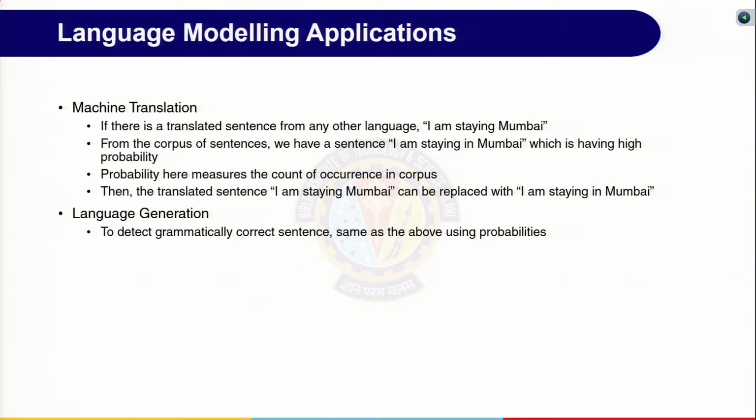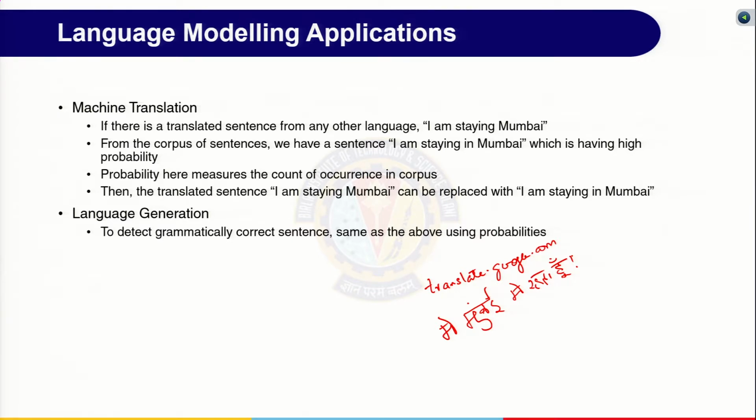One of the most common application is a machine translation task. So if you go to translate.google.com, you might have seen that this tool can translate a sentence from one language to another. So let's say I have entered a sentence, मैं मुंबई में रहता हूँ.